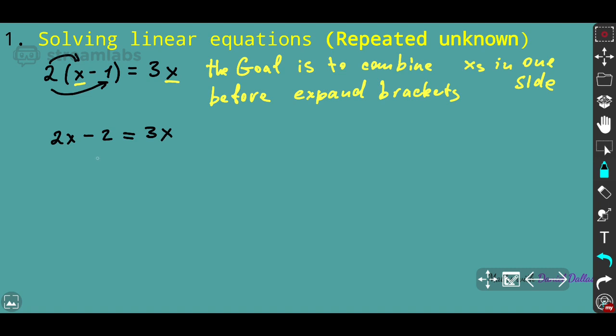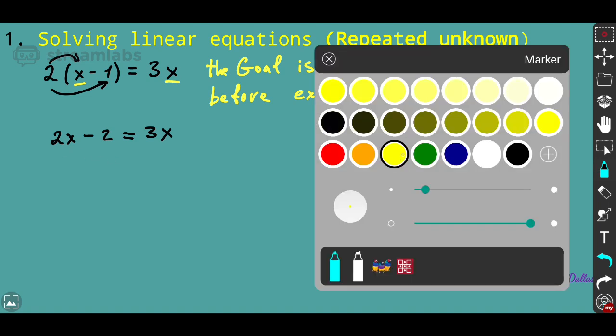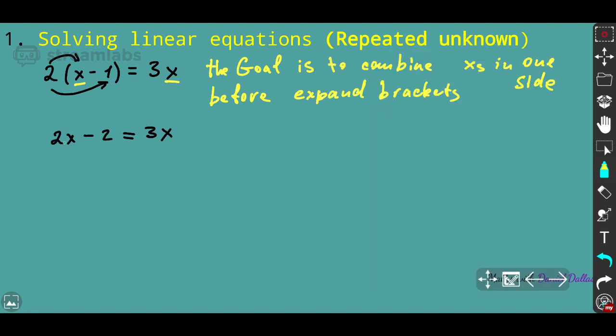Okay. Now you see that you have the repeated unknown 2x and 3x. That's more clear. And now you need to transfer to one side, and I recommend calculating so that the final simplification will give you a positive number before x, okay? So that means you take 2x and transfer it to the right side, okay?